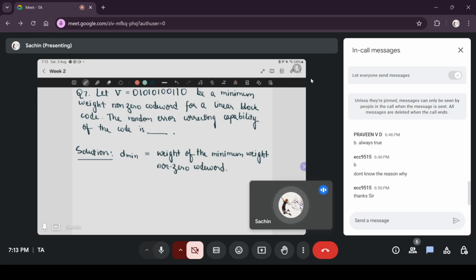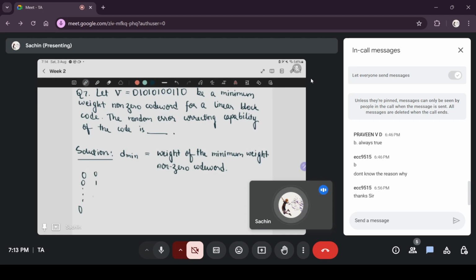So the distance between 0 and this minimum weight non-zero code word will be the Hamming weight of the code word, right? The Hamming weight of a code word is the number of ones in that code word. So wherever a 1 occurs, it will be different from the code word 0. The 0 code word has zeros everywhere.